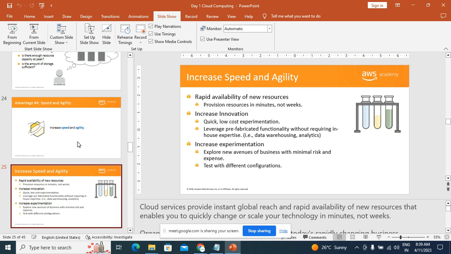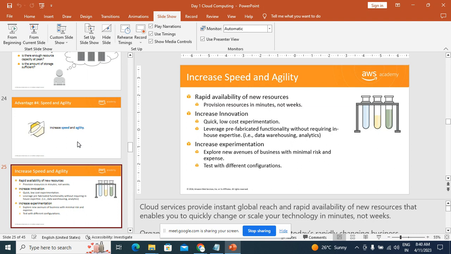Provisioning things in minutes, not weeks. For example, if you have 10 servers which you maintain on premises, and you want to add 5 more servers, so in total you want to maintain 15 servers, the addition of these 5 servers will cost you at least 1 week to 10 days. Why?